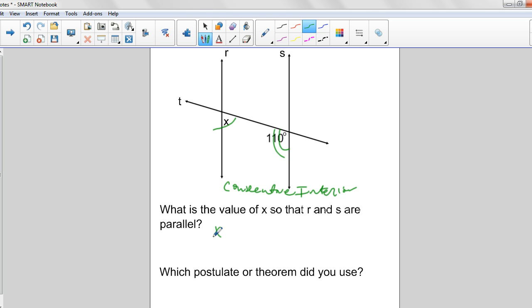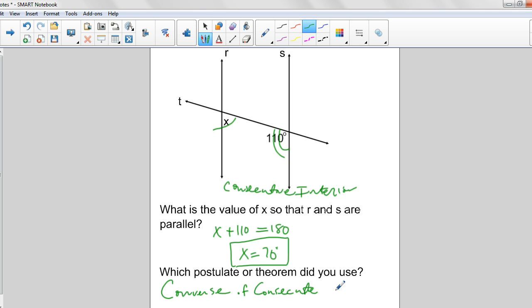So that means that x plus 110 should equal 180 degrees. But that means that x must be 70 degrees. So the value of x must be 70 degrees in order for R and S to be parallel. And we use the converse of consecutive interior angles theorem.